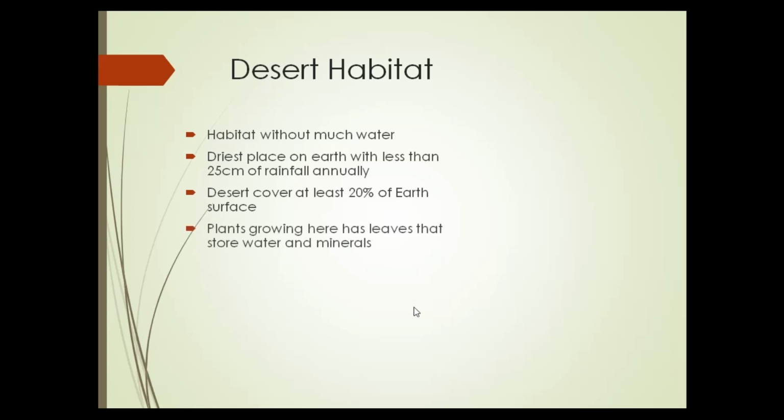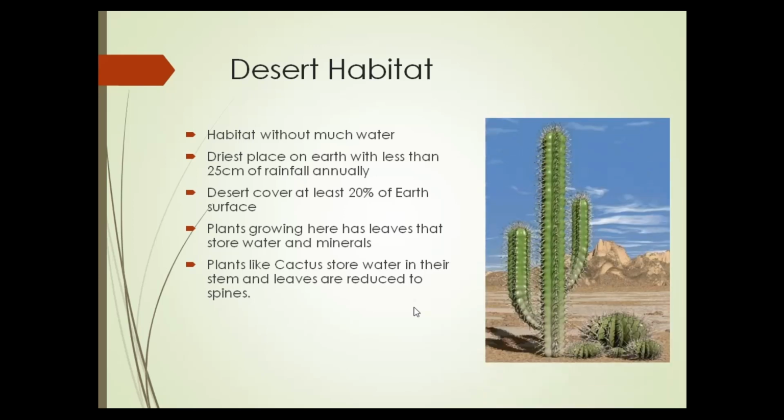Plants growing here have leaves that store water and minerals. Plants like cactus store water in their stem and leaves are reduced to small spines. Look at the picture.